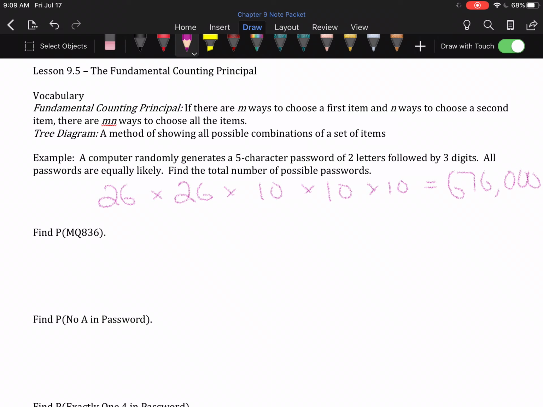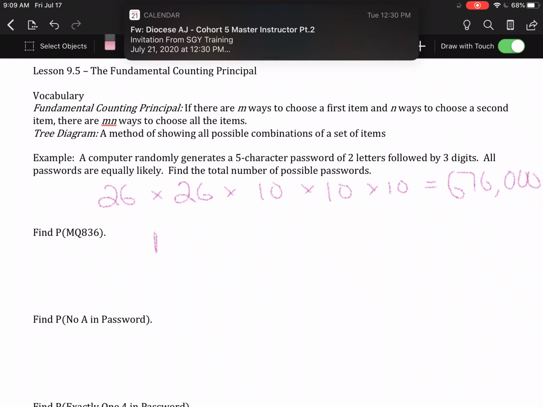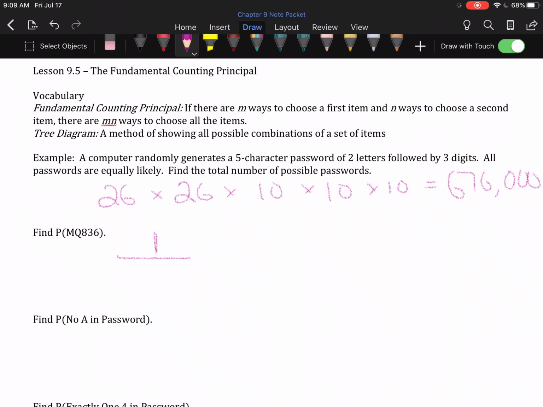There are 676,000 total possible passwords. So the probability of getting that one password is 1 in 676,000. Definitely leaving this in its fraction form.